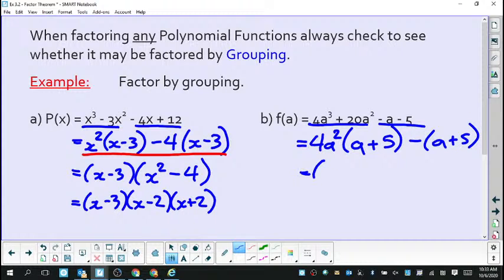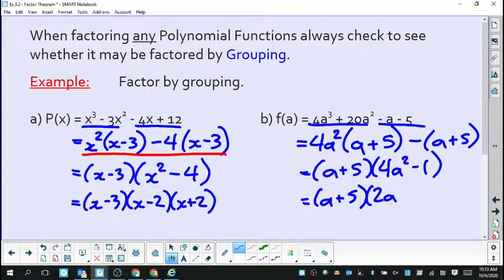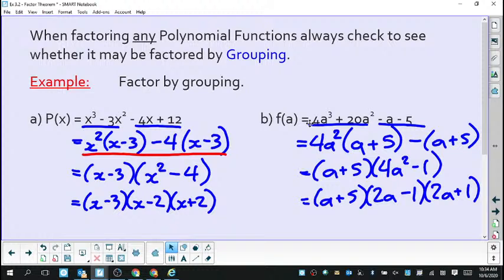So this leaves me with a plus 5 times 4a squared minus 1. Who got that? I'll give you a second to copy it down if you were not quite finished.